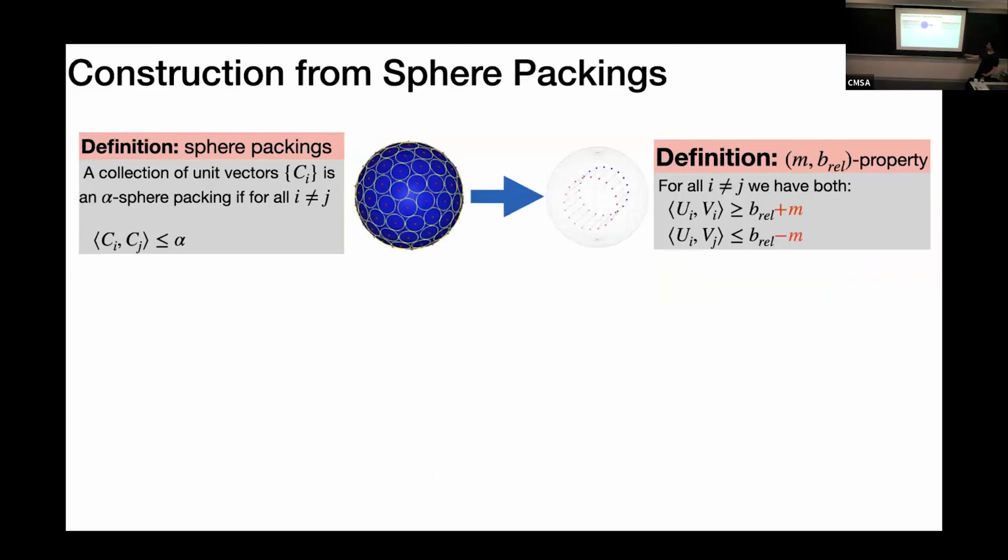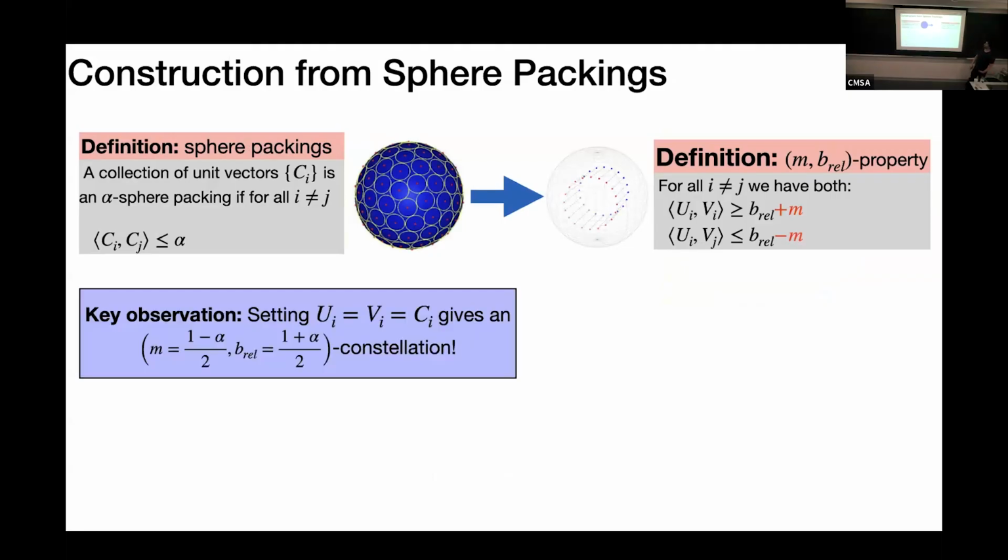Now, given a sphere packing, we get an MB constellation. How do we get that? Well, it turns out you just directly get an MB constellation. If you set u_i equal to v_i equal to the point on the sphere, the code word, why does that immediately give us an MB constellation? Well, the inner product between u_i and v_i is 1, so it's quite big.